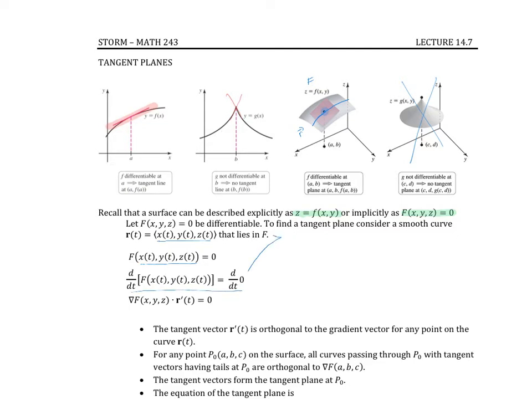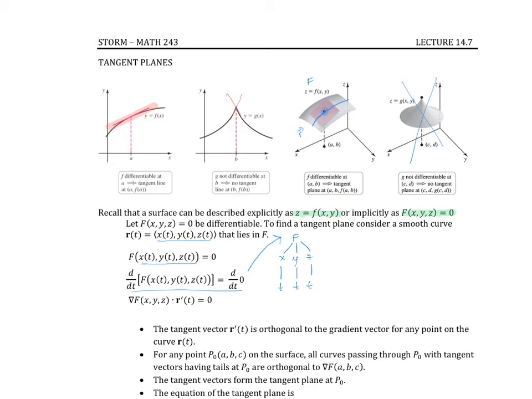Now imagine taking the derivative of this equation on both sides. Why don't we do that off to the side here? It might be easier to see the derivative if we draw ourselves a tree. So f is a function of x, y, and z. x, y, and z are functions of t.